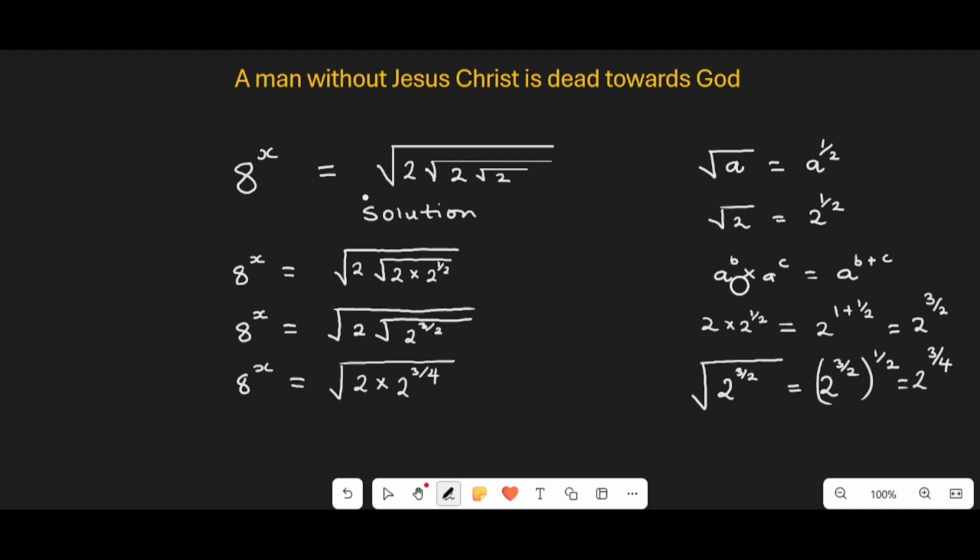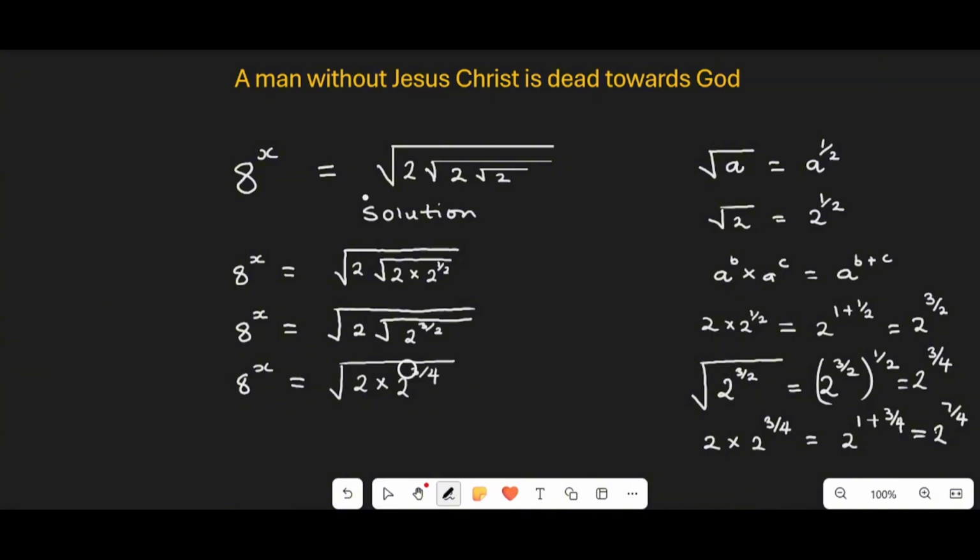And let us apply this principle to this expression. 2 multiplied by 2 raised to power 3 over 4 is equal to 2 raised to power, the exponent of 2 here is 1, so 1 plus 3 over 4, which is equal to 2 raised to power 7 over 4.